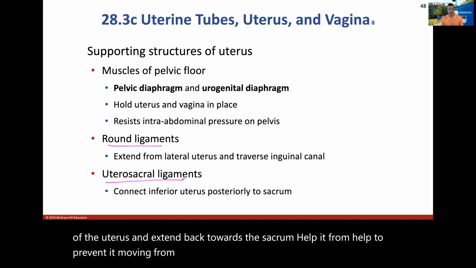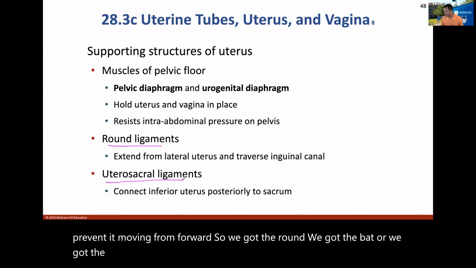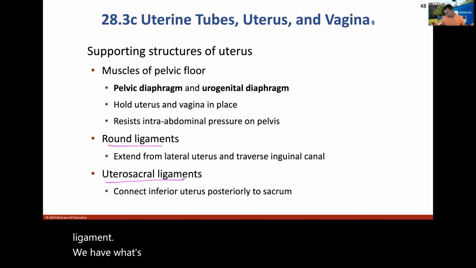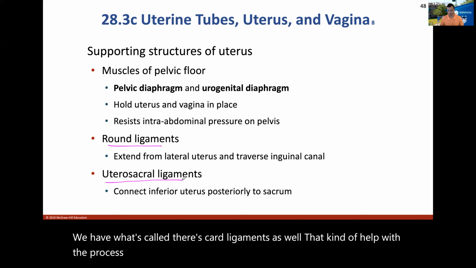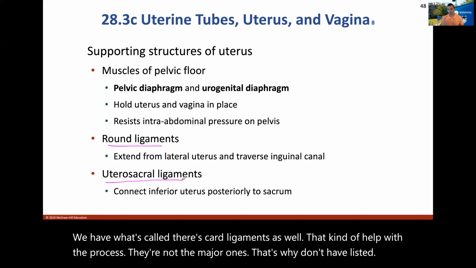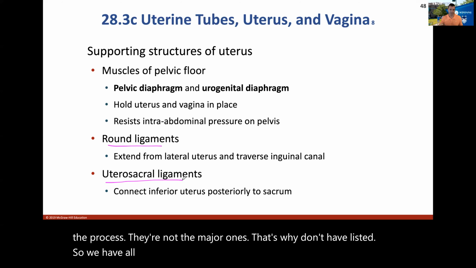So we got the round, we got the uterosacral, we've locked it in front to back. We have the broad ligament. There are also cardinal ligaments that help with the process. They're not the major ones, that's why I don't have them listed. So we have all these ligaments to help hold this in place.